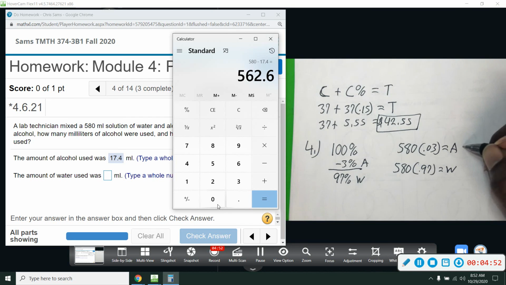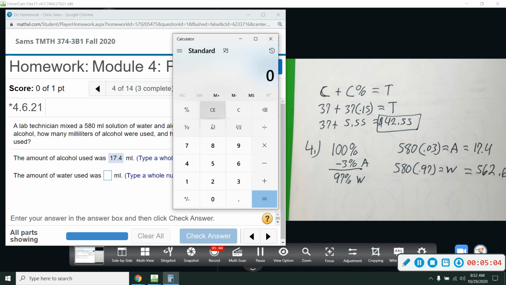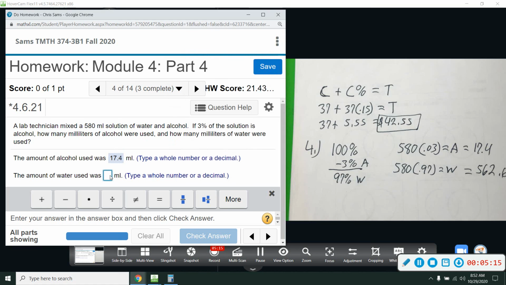So what we had 17.4 here, and I'm showing you can subtract and get 562.6, and you will also get the same thing, okay, if you do 580 times 0.97, so that 97%, so you get 562.6. So a couple ways you can think about that, 562.6.